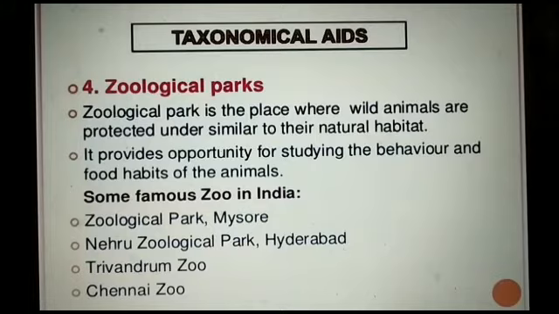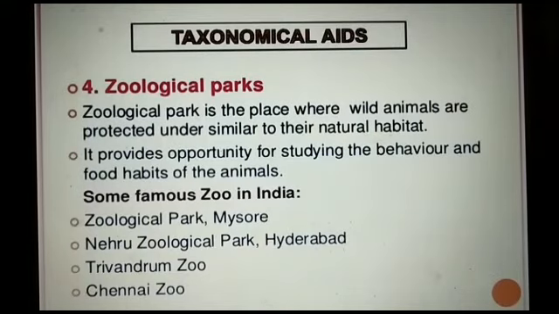In short, we say that zoological parks are places where wild animals are kept in a protected environment under human care. Always remember student that in a zoological park animals are kept in human care. We protect them. We create an atmosphere and give them a protected environment, which enables us to learn about their food habits and their behavior.